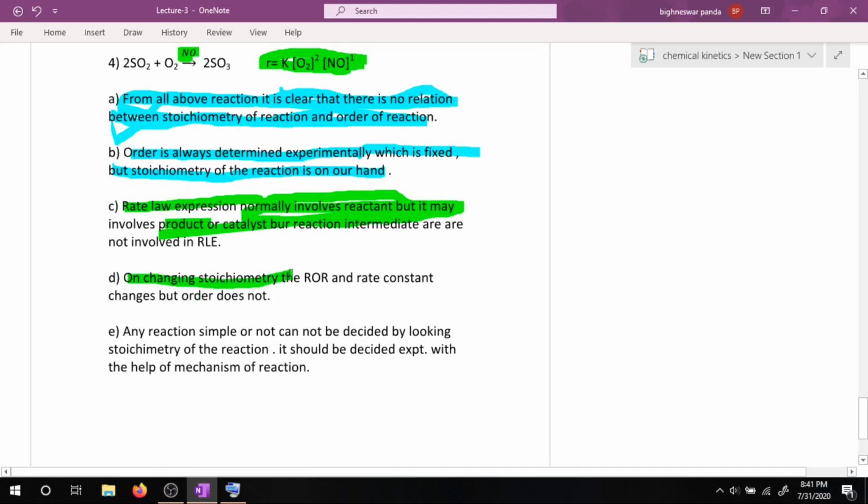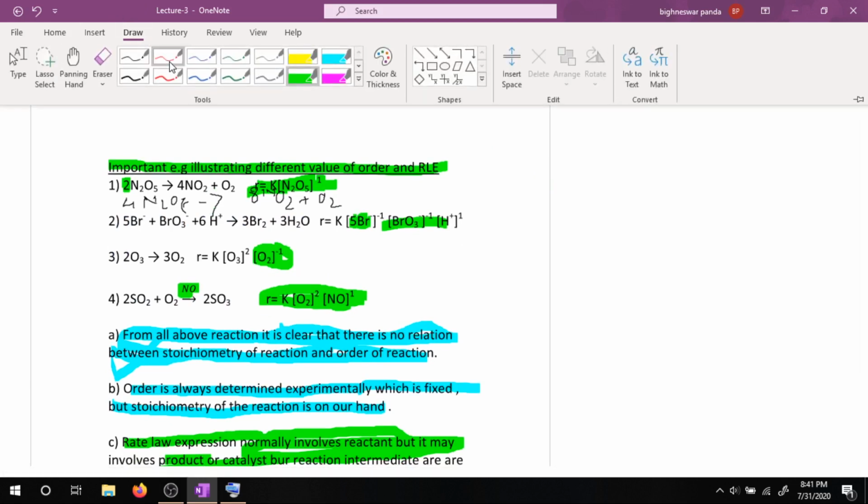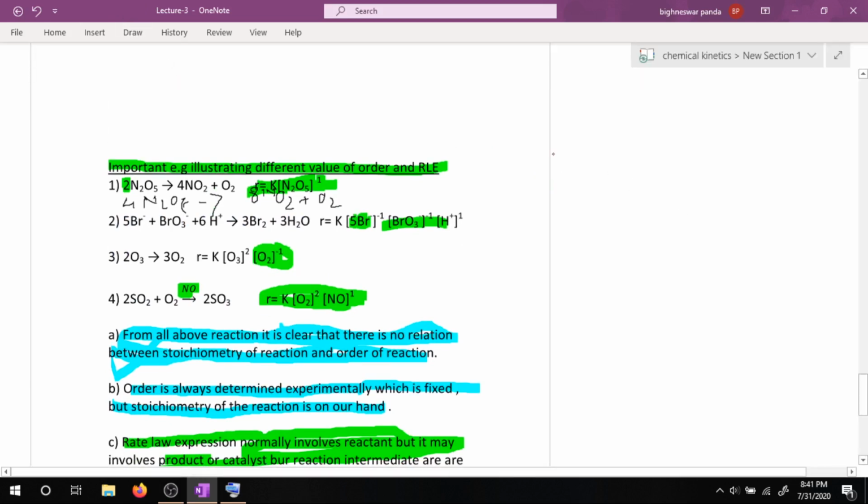On changing stoichiometry, the rate of reaction and rate constant change, but order does not. How? Consider this reaction first: 2N2O5 gives rise to 4NO2 plus O2. Here I can write rate is equal to 1 by 2 of minus d[N2O5] by dt.